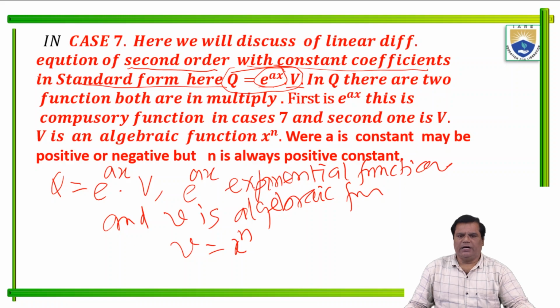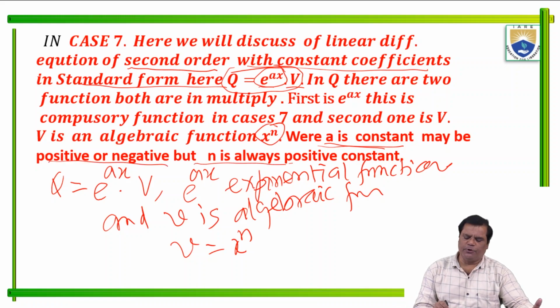In this case also the first function is the exponential function and the second function v is an algebraic function, that is x to the power n, where a is a constant. In the exponential function, the constant may be positive or negative, but n is always a positive constant, x to the power n.